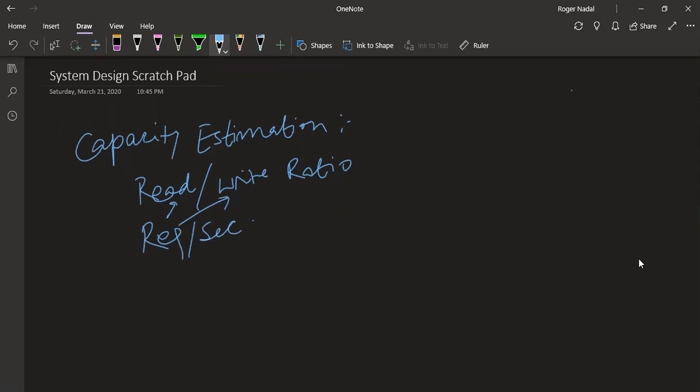So for request per second, you can ask the interviewer, you can come up with it directly, or you can start with an estimate of, okay, how many users are there? How many average requests do you think they make every day? Based on that, you can do all sorts of maths, like divide by 86,400 seconds in a day.